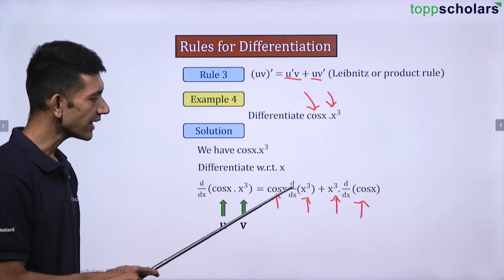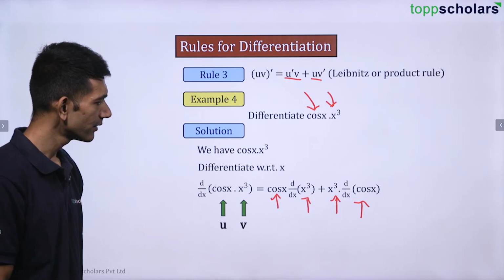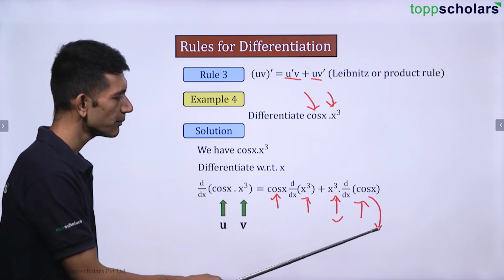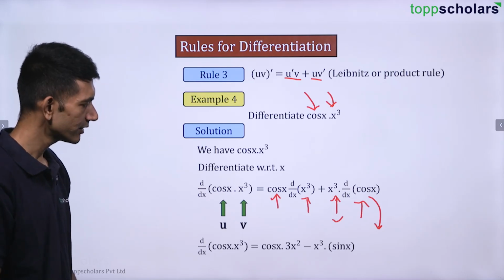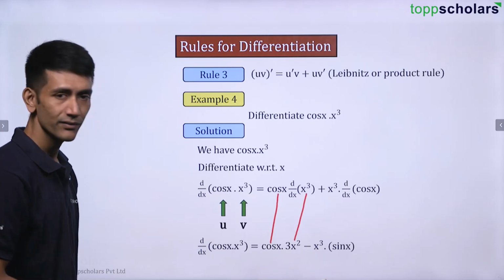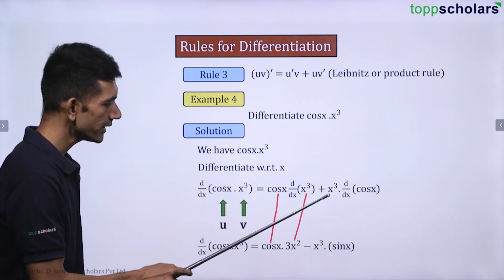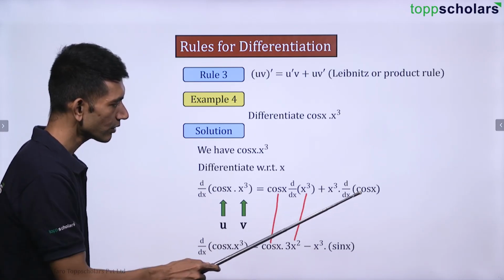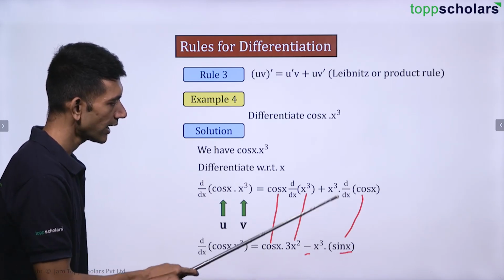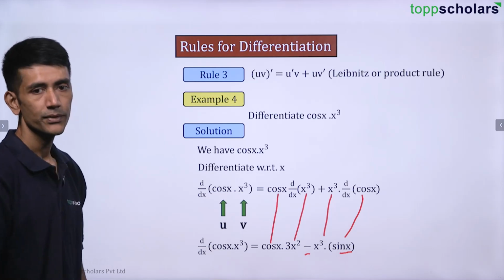Cos x is as it is, derivative of x cube is 3x square. x cube will be as it is, derivative of cos x will be minus sin x. Correct? So you can see you have minus, you have sin x, and x cube is as it is.